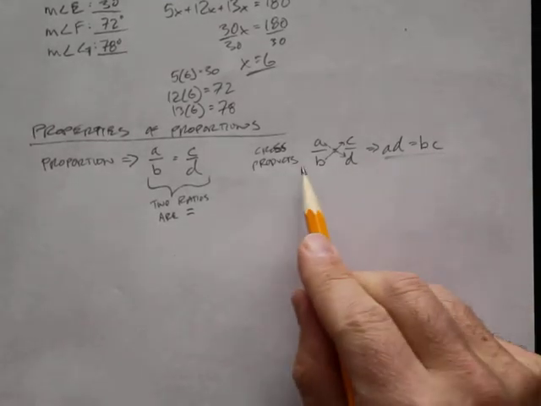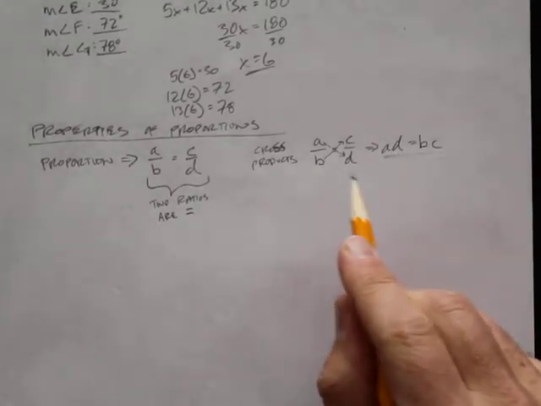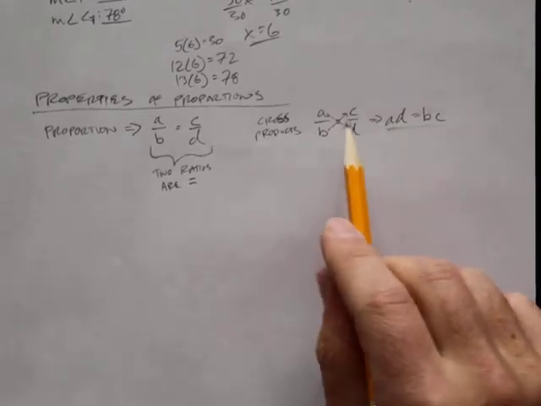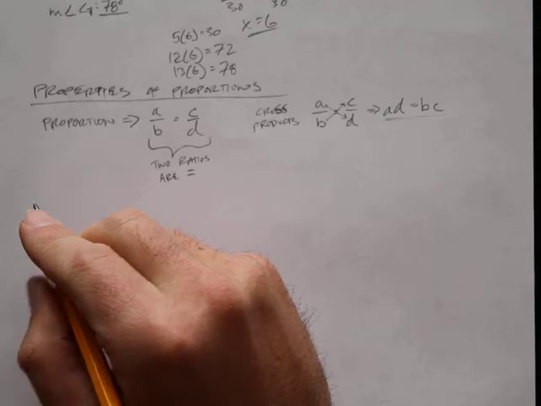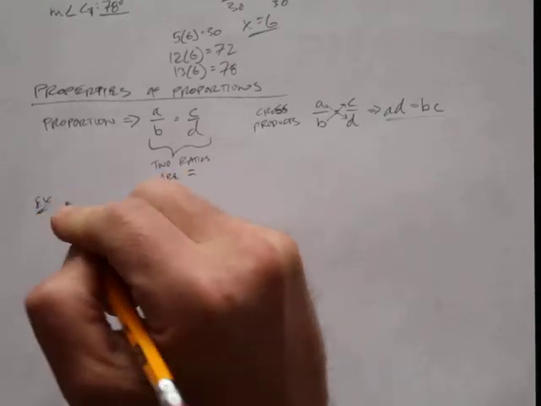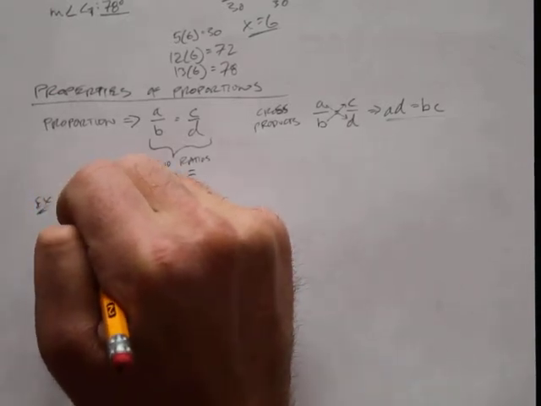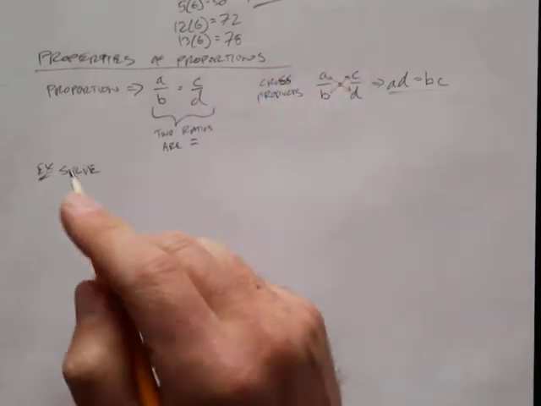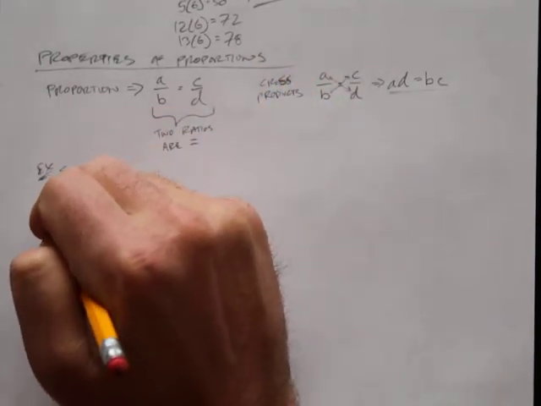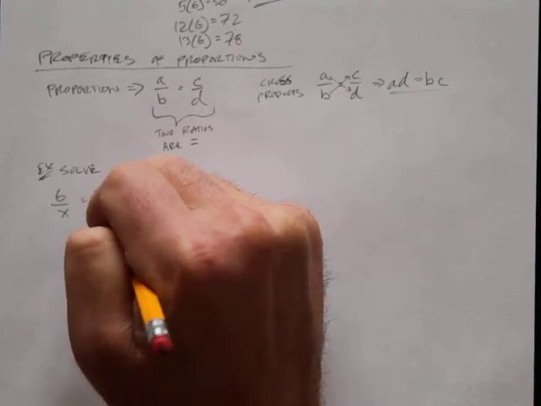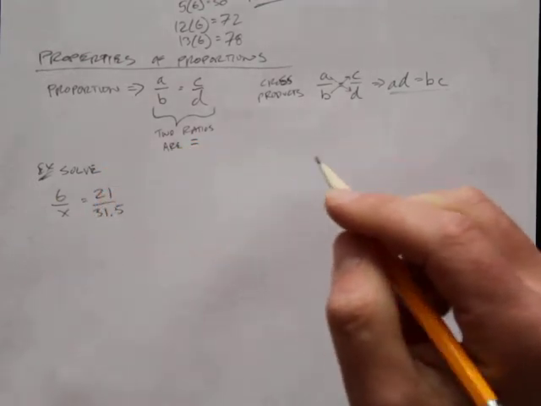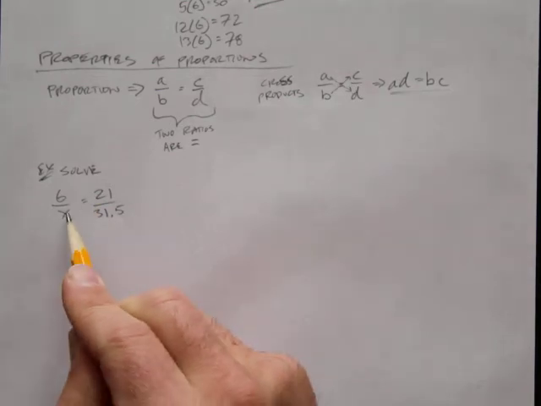We can use these cross products in some cool different ways. The first way we're going to look at is solving. Say 6 over x equals 21 over 31.5, and I need to solve for x.